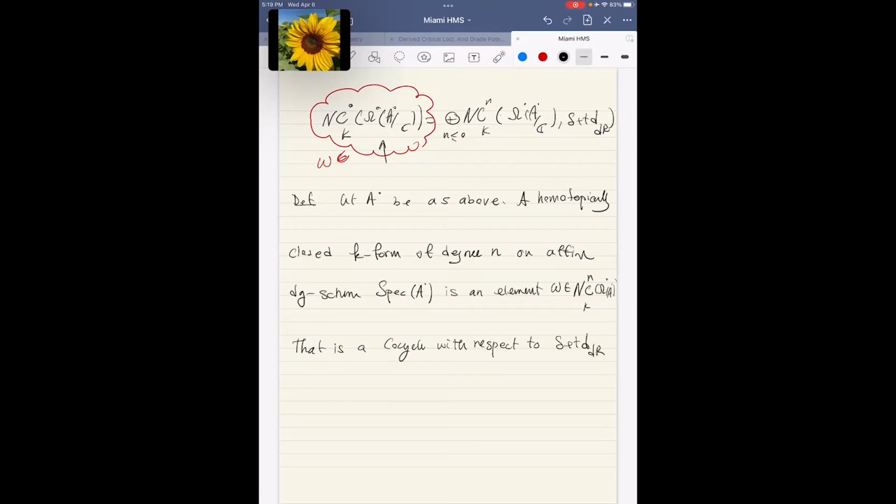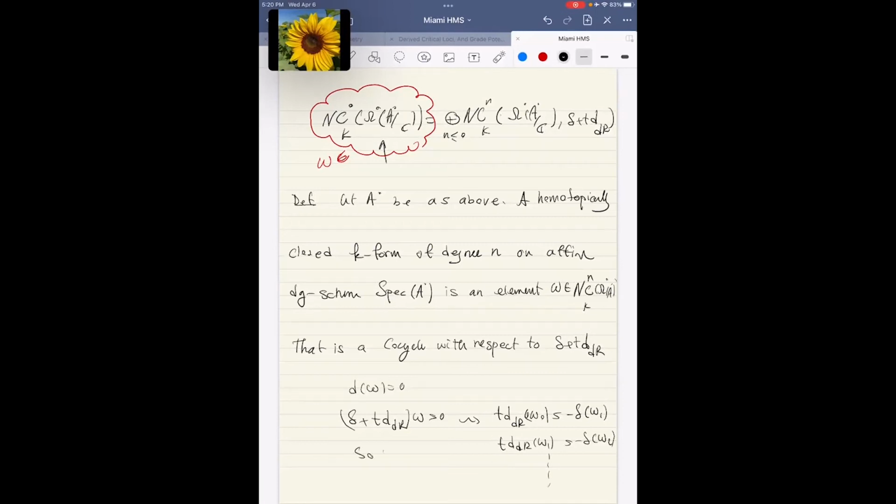What does that mean? It means that before, for a symplectic form, for a form to be closed, we needed this condition to be satisfied. Here now we have that this condition needs to be satisfied: t d de Rham of omega needs to be a cocycle. But omega is a series of omegas over A0, A-1, A-2. So this is actually telling you that t d de Rham of omega 0 is minus delta of omega 1, and then t d de Rham of omega 1 is minus delta of omega 2, and it keeps going like that.